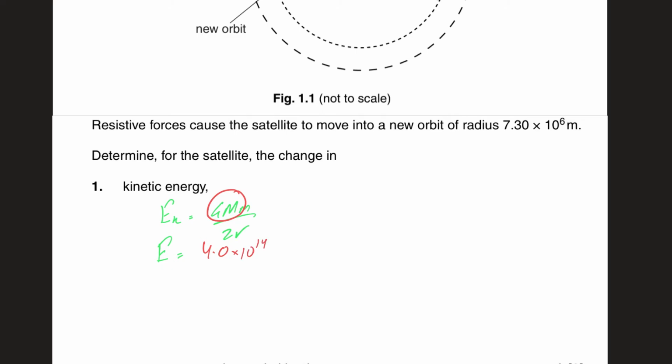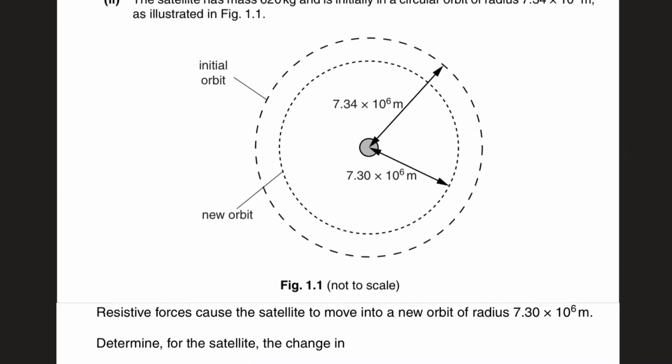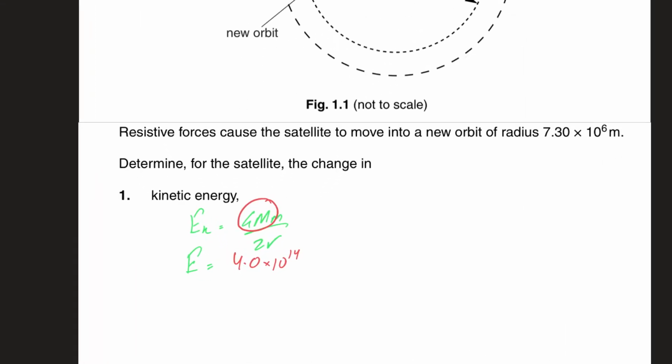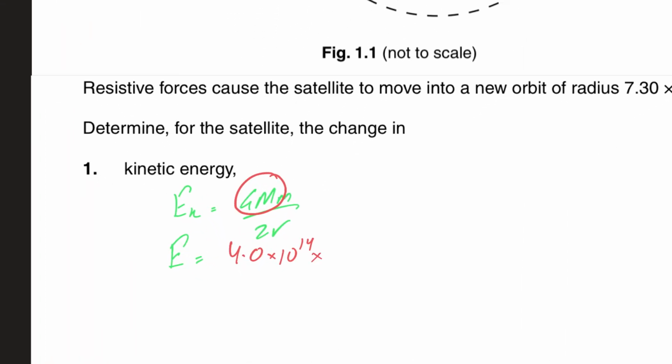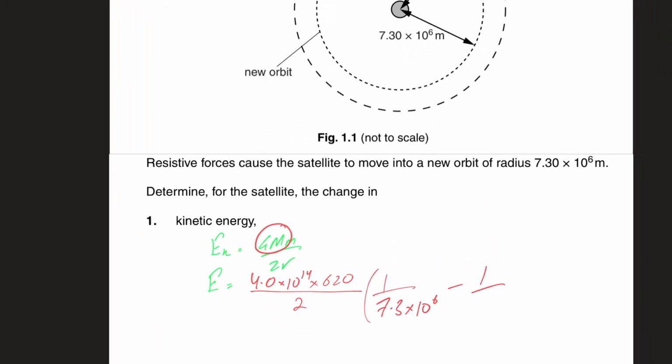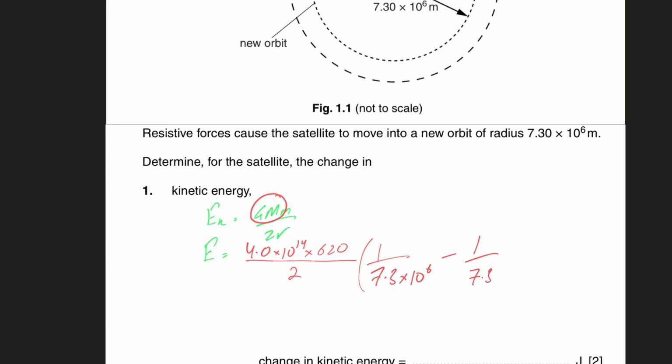This mass here, the mass of the satellite as given in the question, is 620 kilograms, into 620 upon 2, multiplied by the difference between the two radiuses, 1 upon the final radius, that is 7.3 into 10 to the power 6, minus 1 upon 7.34 into 10 to the power 6.